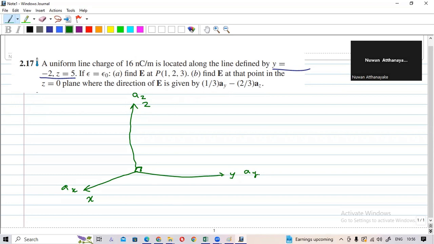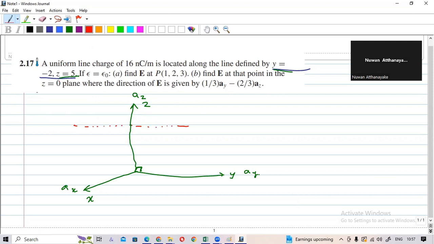Now it said that there are two functions, that means two functions define the line charge. Here you should understand that these are functions, and these functions define the line charge. One function is y equal to -2.